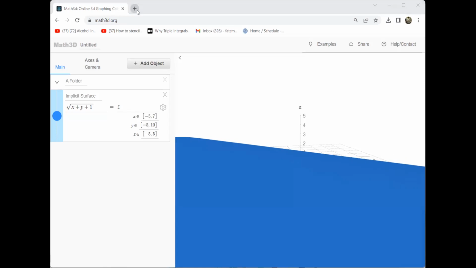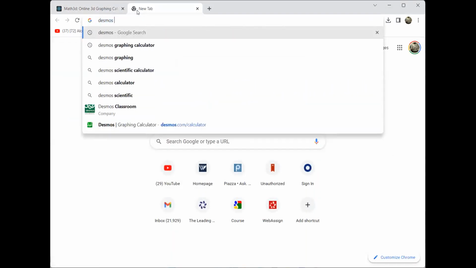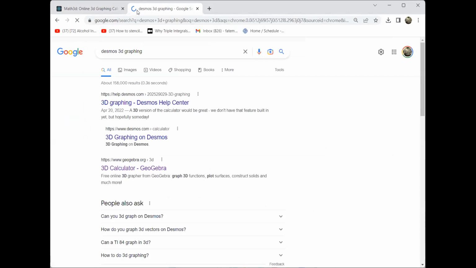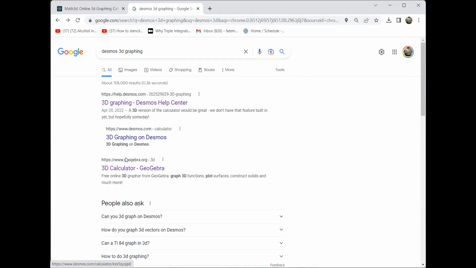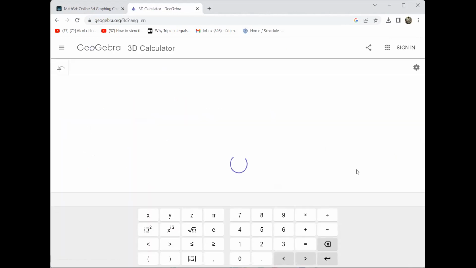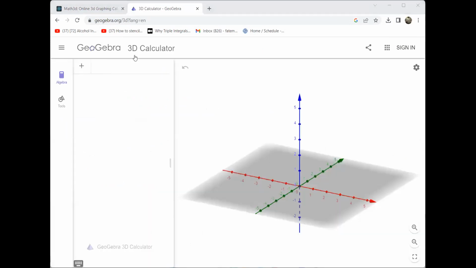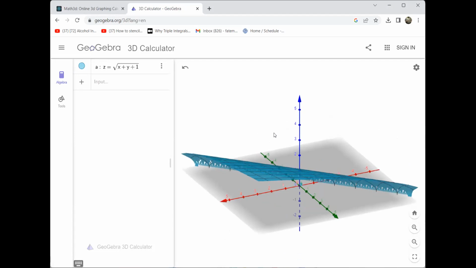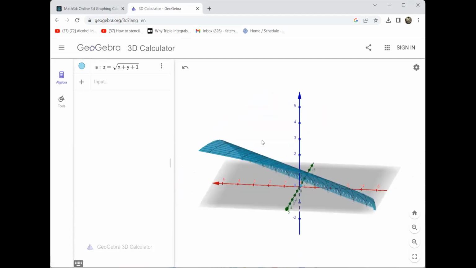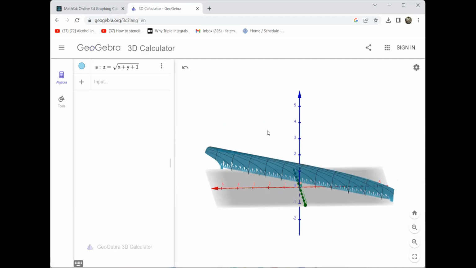You can also use Desmos 3D graphing, or GeoGebra. Here we have z equals the square root of x plus y plus 1. They're all amazing, free online graphing websites available for you.